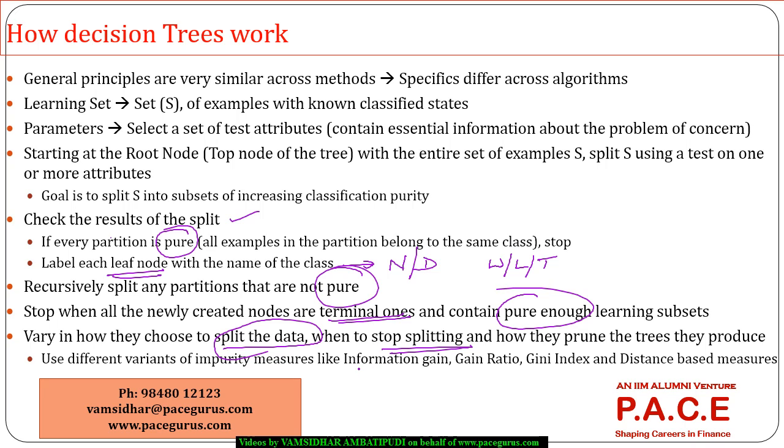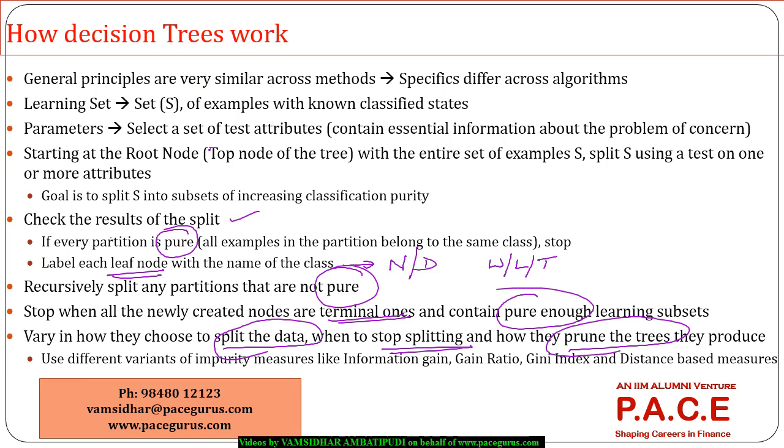Again, different algorithms have different mechanisms on when to stop the splitting process. How they prune the trees, right? When should the structure of the tree be cut down, and in what way the structure needs to be cut down. So different algorithms that have been developed in this field vary in all these aspects.